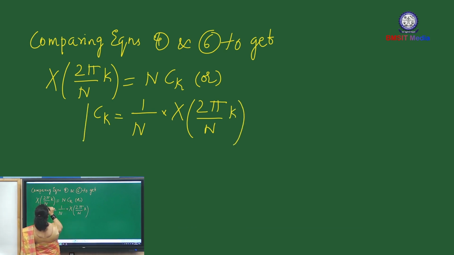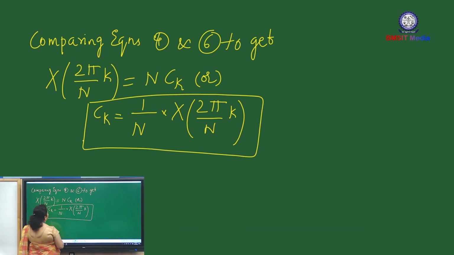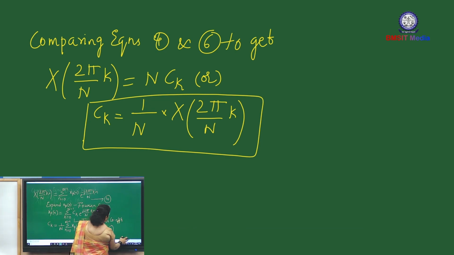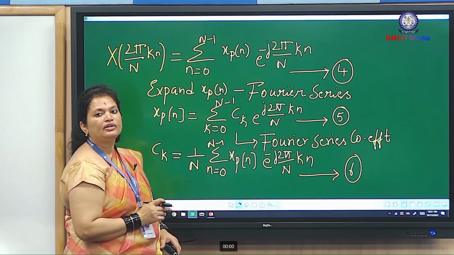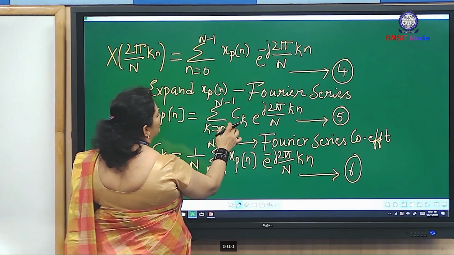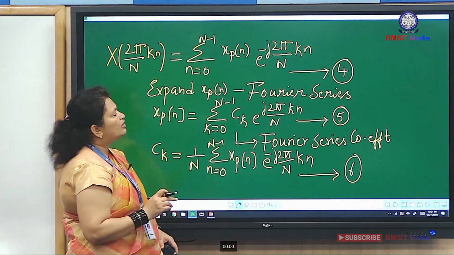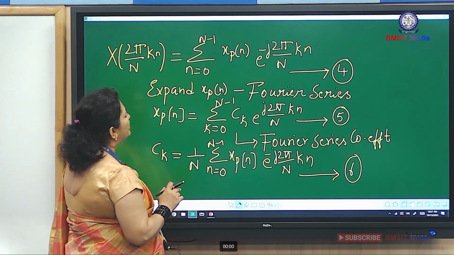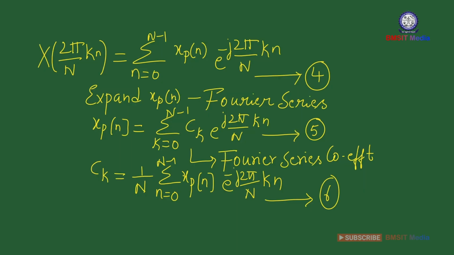Now this ck I am going to replace in the equation of xp of n. See here, this is our xp of n, right? Equation number 5. So here I am going to replace ck with the relation I got after comparing equation 4 with equation 6. So let us replace that.